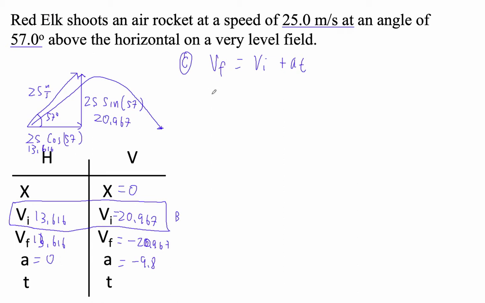So in a way, these are easier than cliff problems. The final velocity is negative 20.967, and the initial velocity is positive 20.967. It goes up, it goes down in the vertical direction. And then that's plus negative 9.8 times t. So that is 4.2789 seconds.